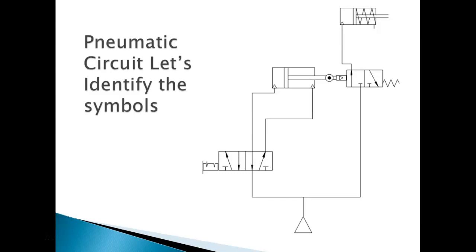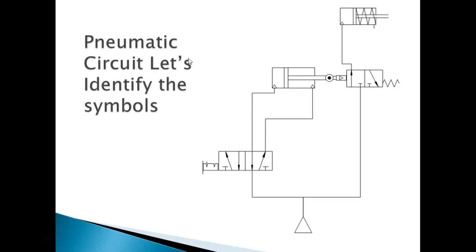Not to mention your circuit could be on this side of the factory and your compressor's all the way over there. Hydraulics, you don't really want to have too much distance because you can lose pressure at times. Pneumatics, pressure is consistent pretty much.